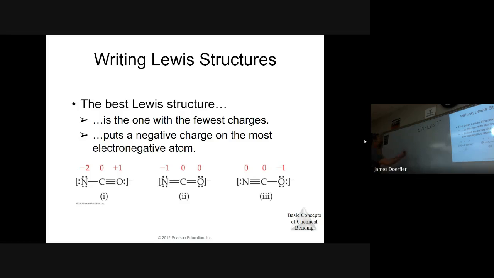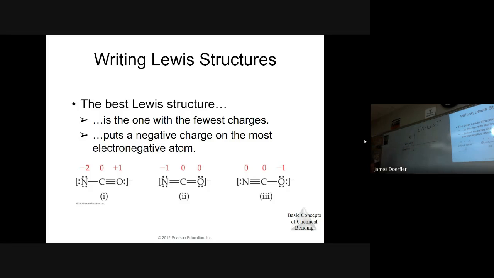Okay. So again, we've got the valence electrons here minus the assigned electrons. This is going to give us our orbital charge.